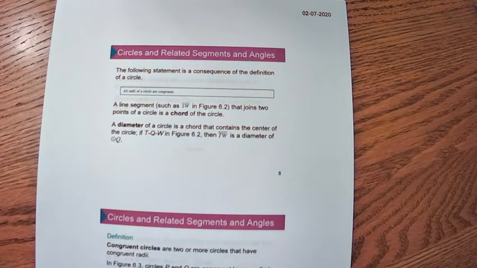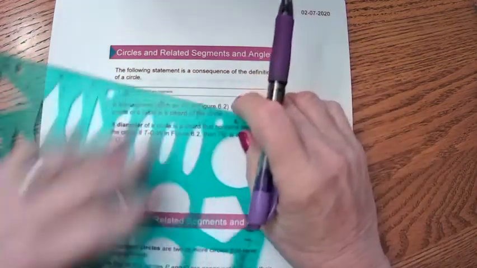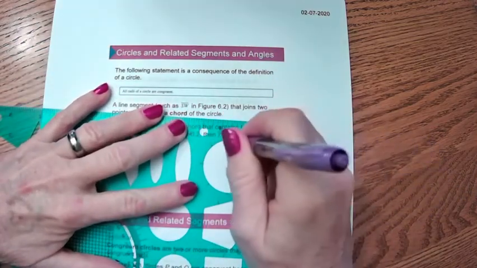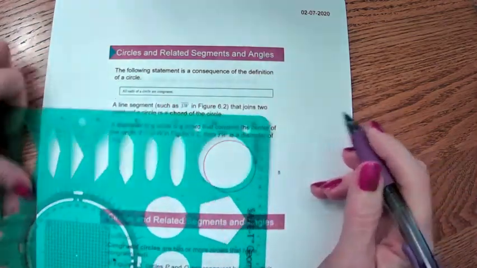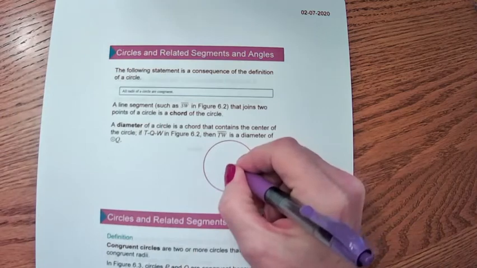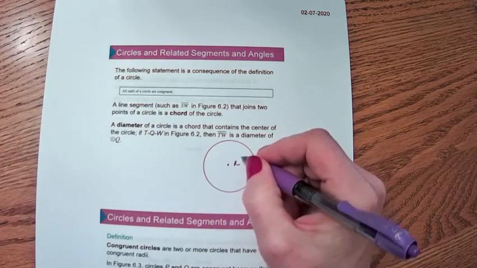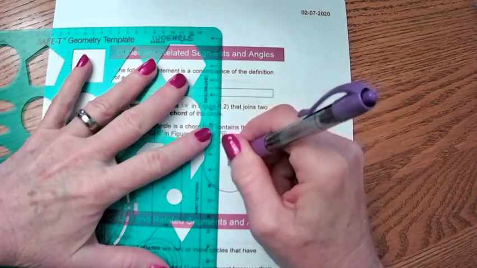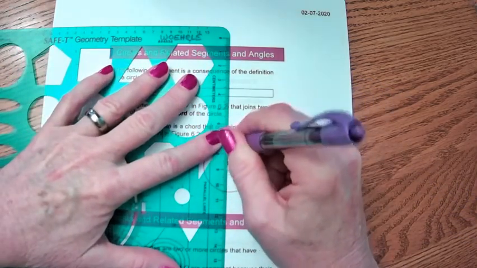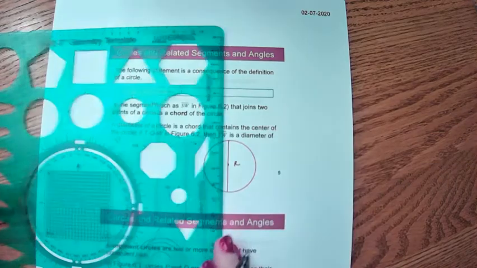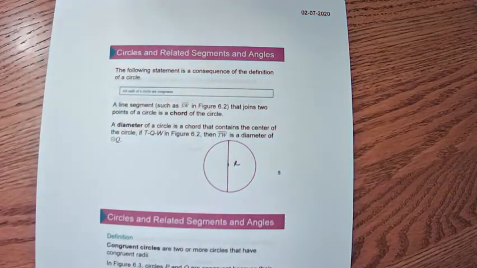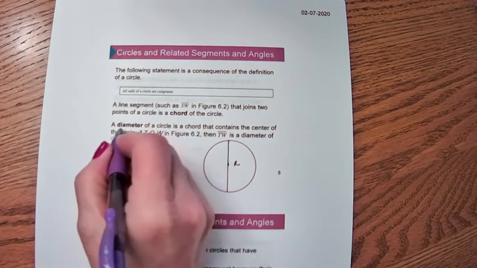Now there is one special property of a circle. We'll call this circle R, and that is two radii together in a straight line. That's called the diameter.